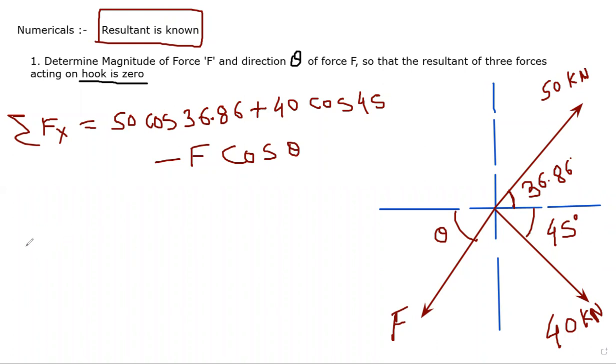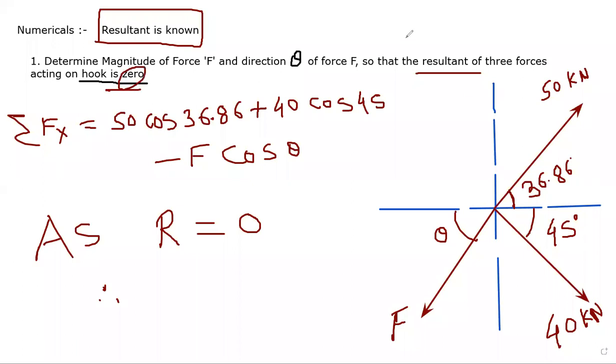Next line, as the resultant is equal to 0, R is equal to 0. This R value is given. You can read the numerical: resultant of three forces acting on hook is equal to 0 is given.